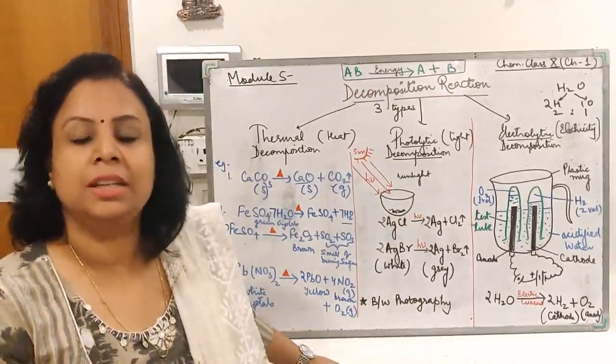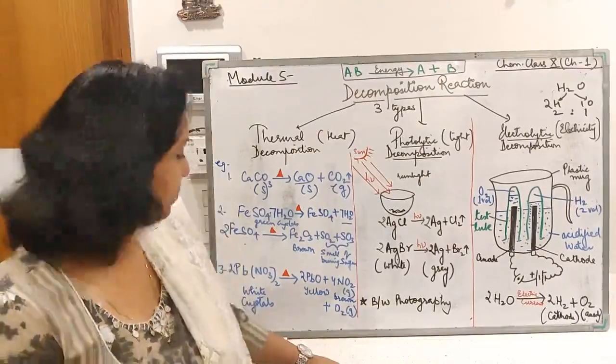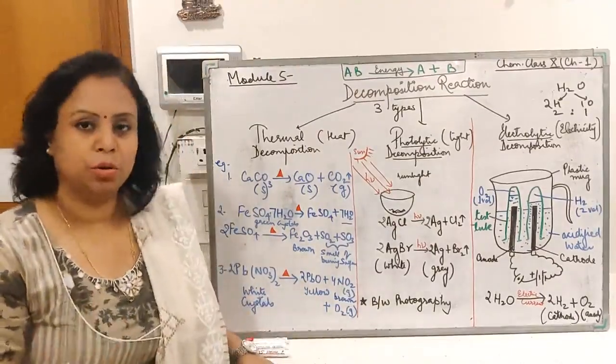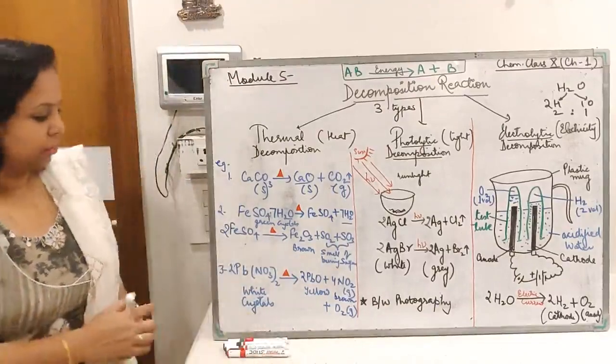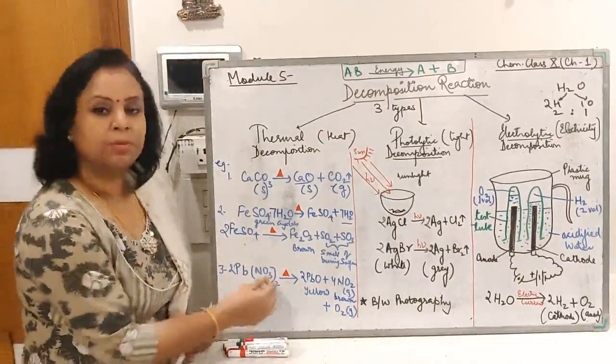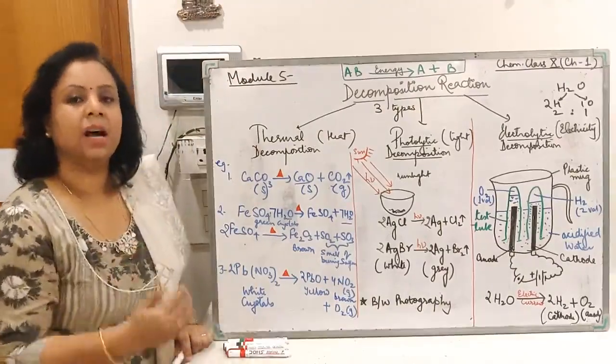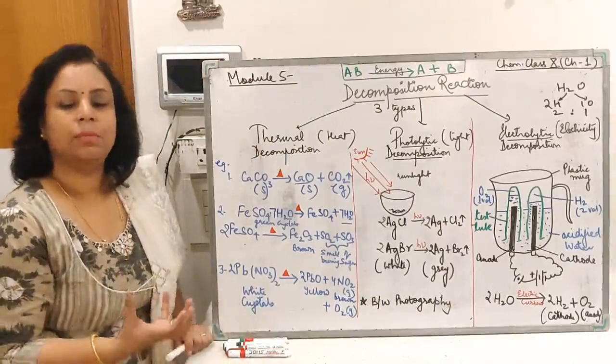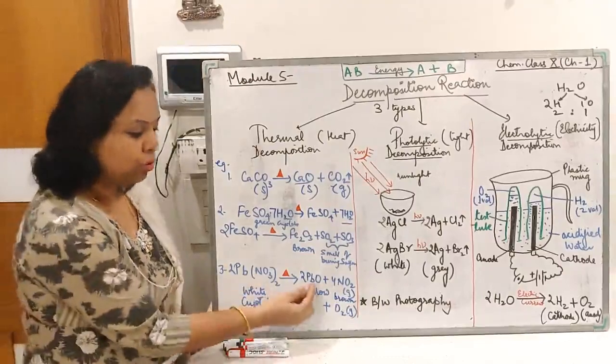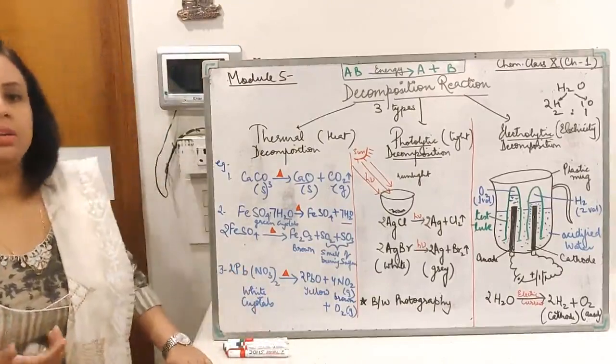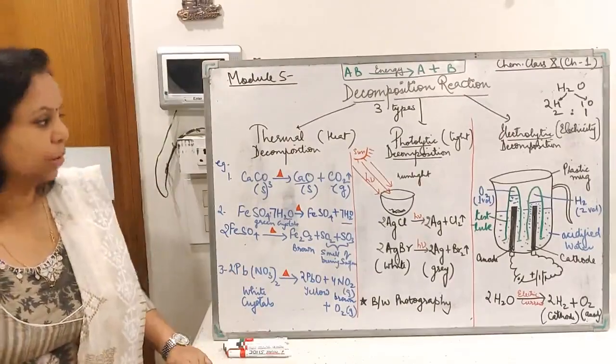Actually, most of the lead salts are yellow in color, which is lead monoxide. Again, we see the use of heat for breaking down one bigger molecule into two or more smaller products. Okay.